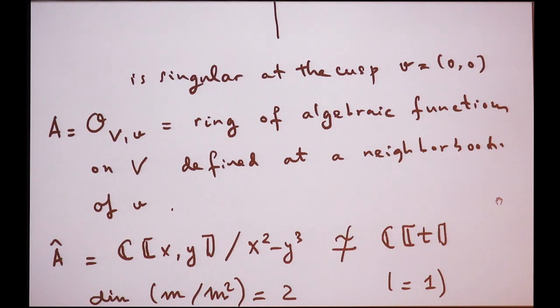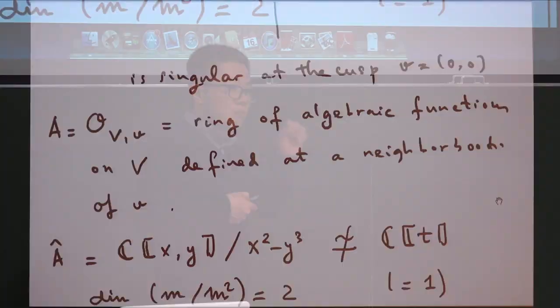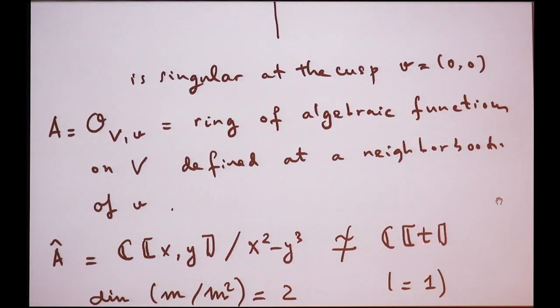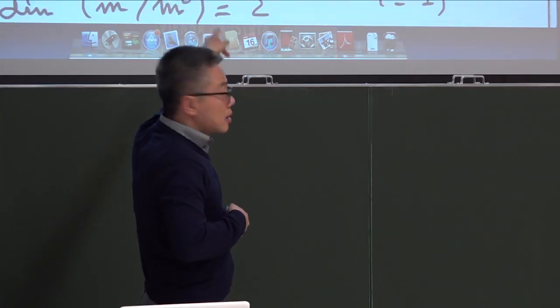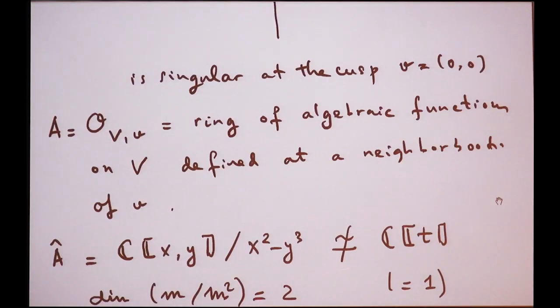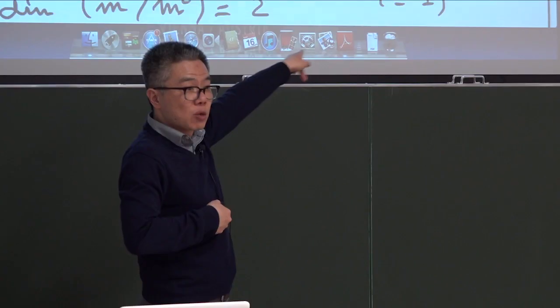Because these rings are local rings. That means there's only one maximal ideal. And the maximal ideal on one side is generated by t. And the maximal ideal on the other is generated by x and y. And that is called M. And you do this operation, M mod M squared. On the left, we have dimension 2, and on the right we have dimension 1. So there's no way they're isomorphic.